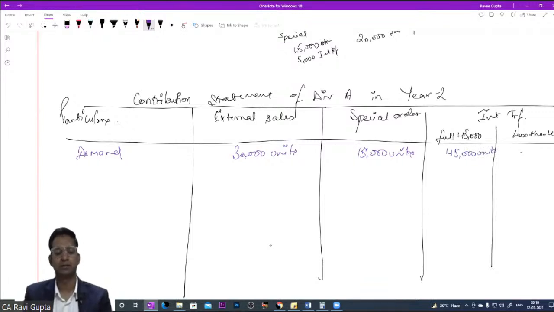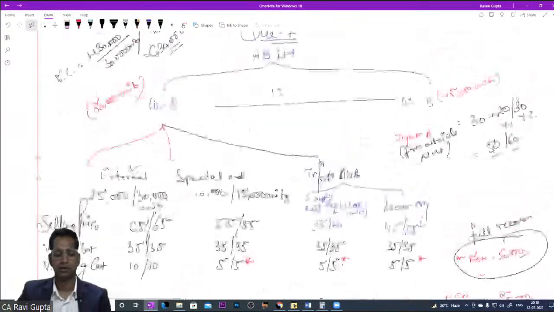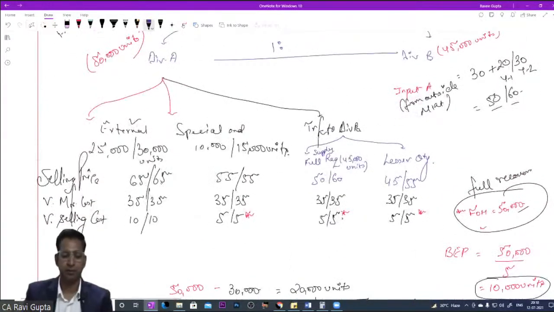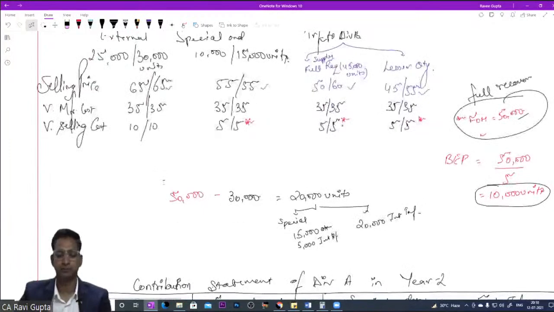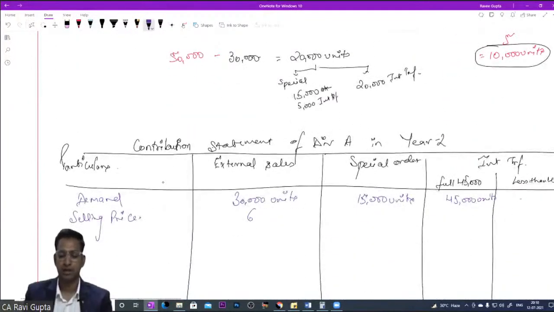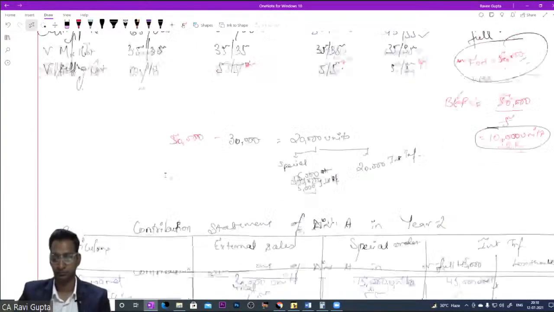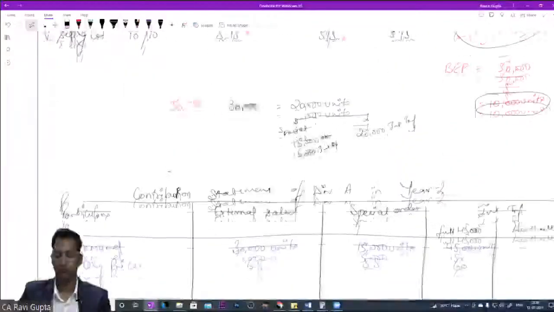Selling price: the selling prices are 65 rupees, 55 rupees, 60 rupees and 55 rupees.